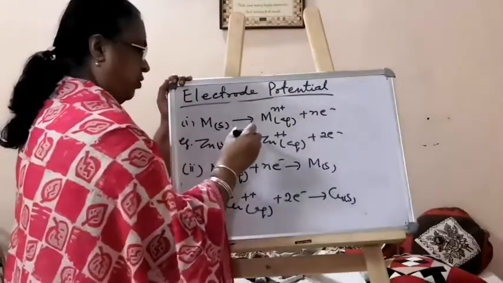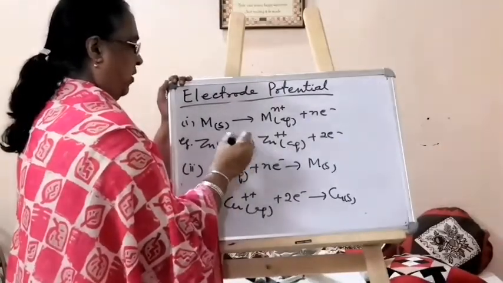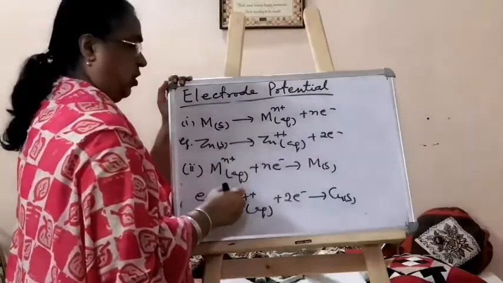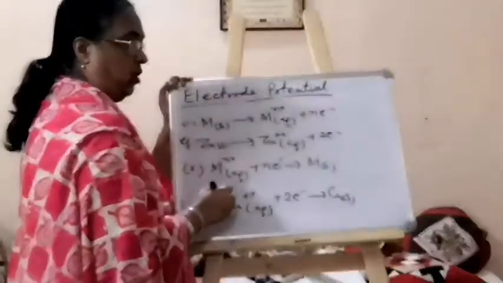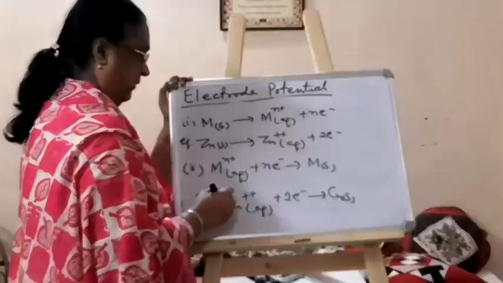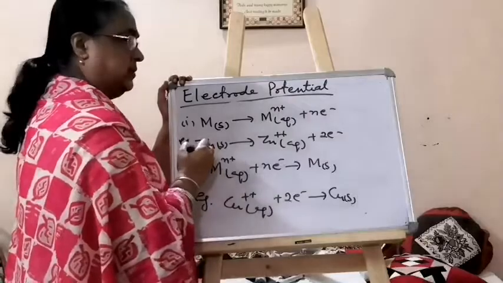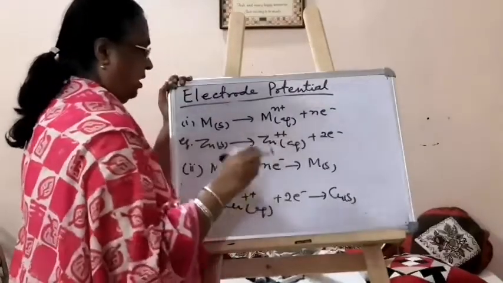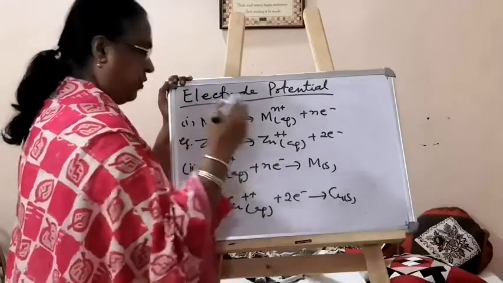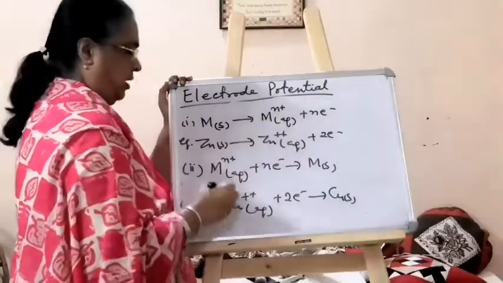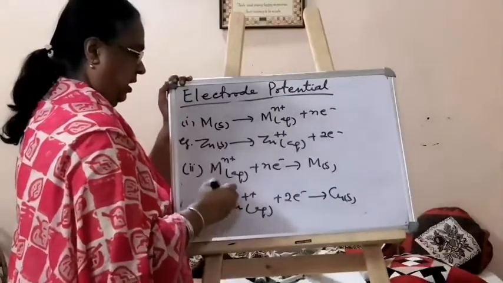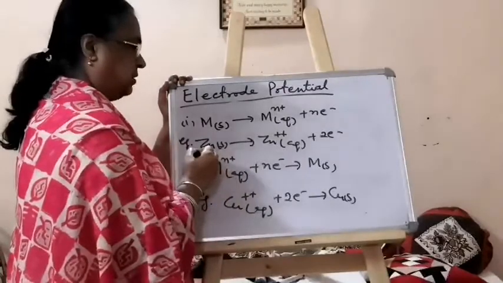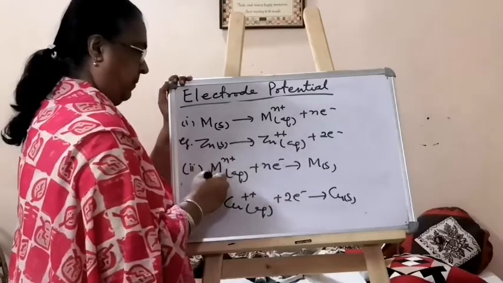Because the electron losing tendency of the more reactive metal is stronger than that of the less reactive metal. In other words, zinc, which is more reactive, can lose electrons or be oxidized faster than copper metal.